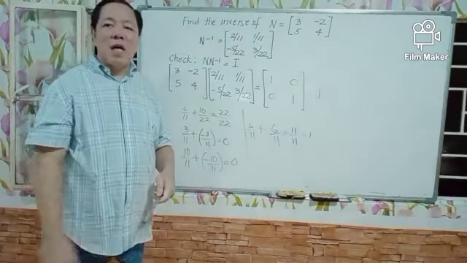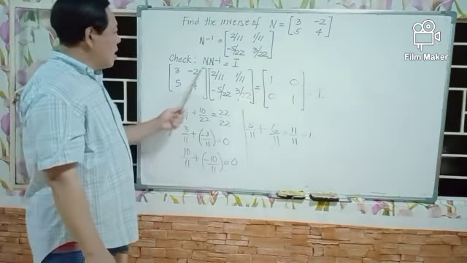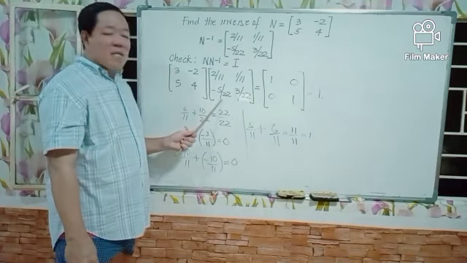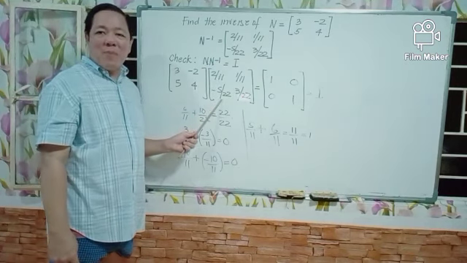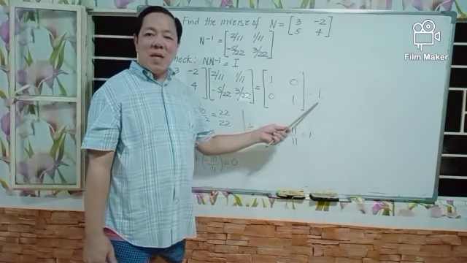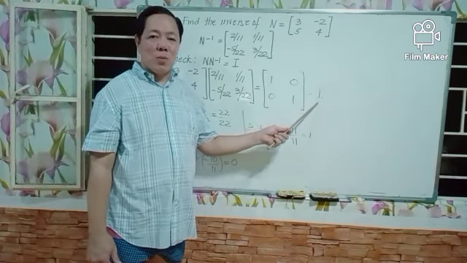And we have shown that the product of the given matrix N and the matrix N to the minus 1, which we obtained by using elementary row operations, is an identity matrix of size 2 by 2.